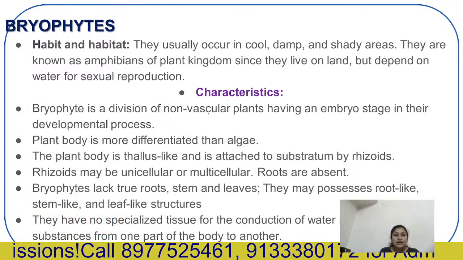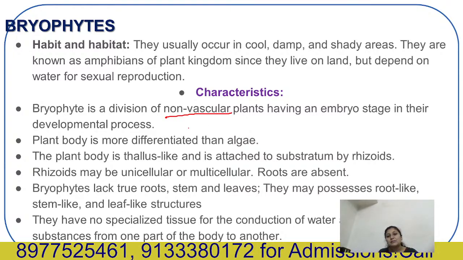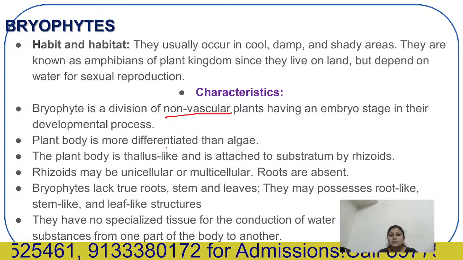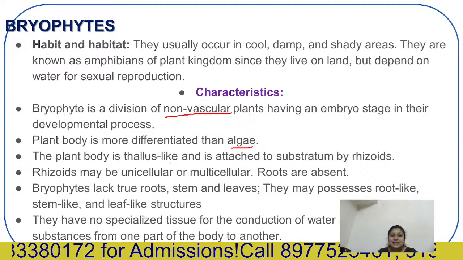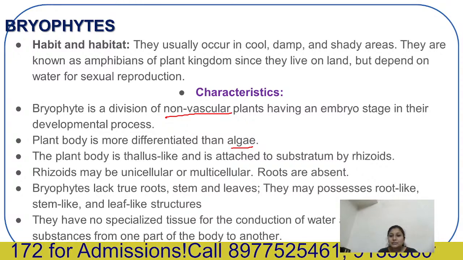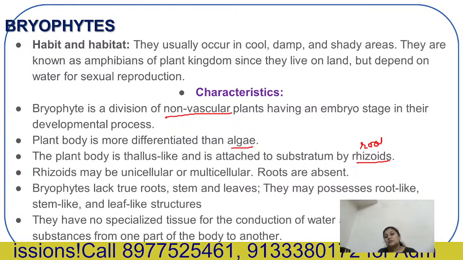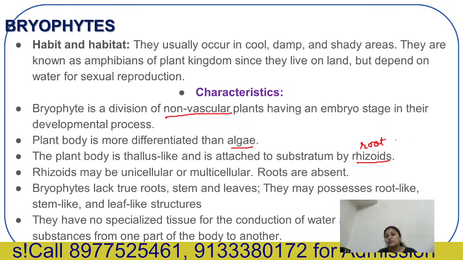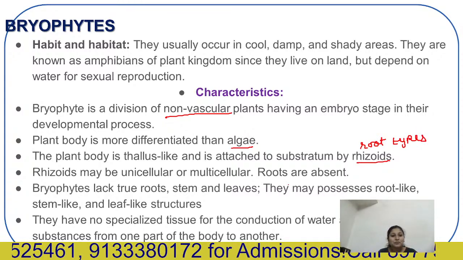So they do not have a vascular system, that means no xylem and phloem till bryophytes. The plant body is more differentiated than algae. Thallus-like structures are attached to the substratum by rhizoids. So root-type structures can be present, starting from bryophytes.